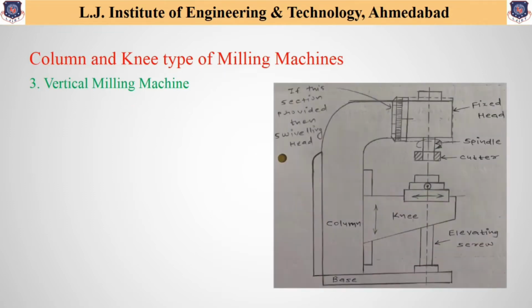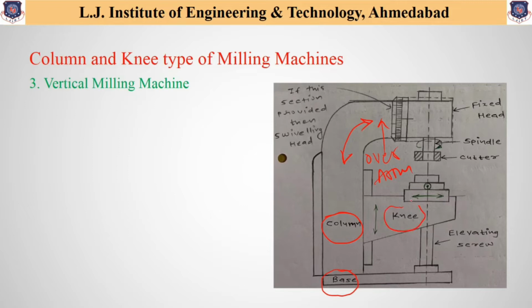Now let us have a look at the figure of the vertical milling machine. As one can see, we have discussed the different parts available in the horizontal milling machine and in all types of column and knee type milling machine. Some of the basic parts available in all column and knee type milling machines, we will mark over here. First one is base, second one is column, third one is overarm, which is an integral part with the column.